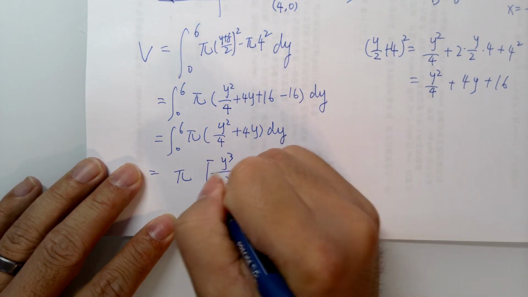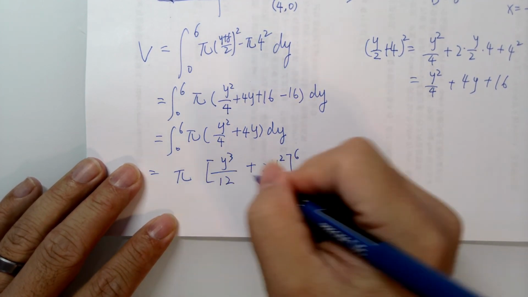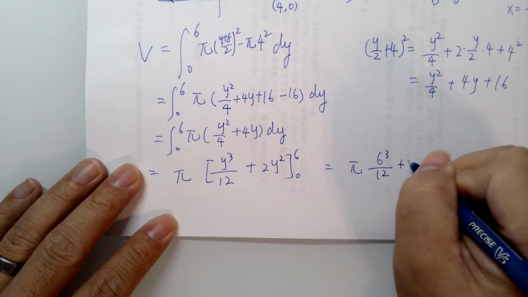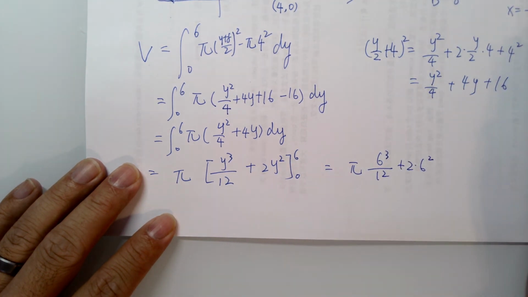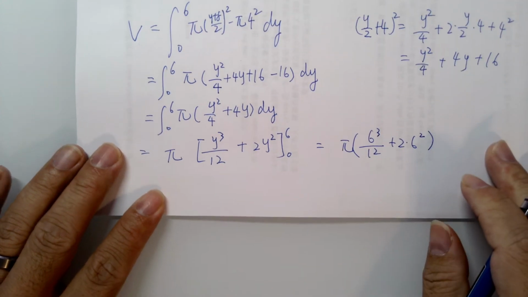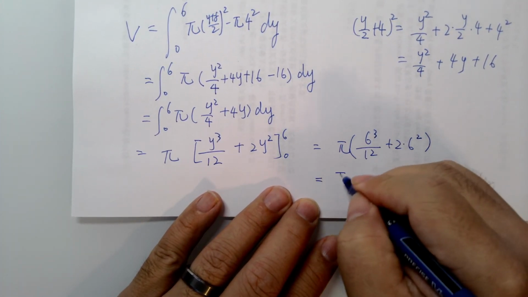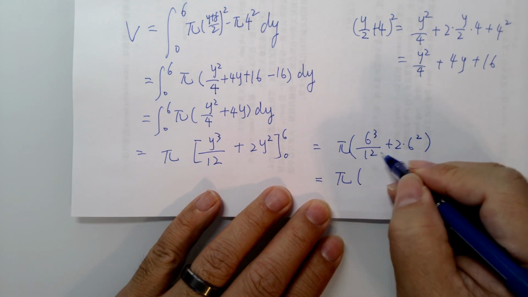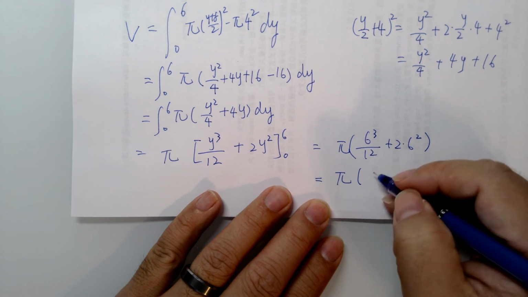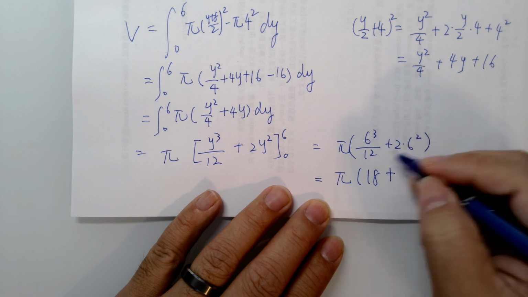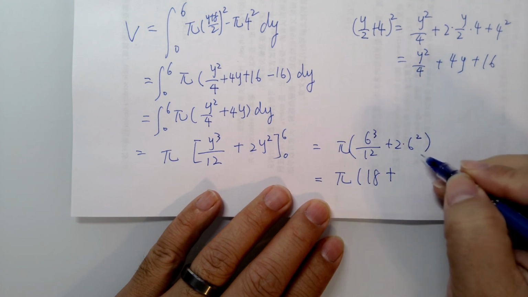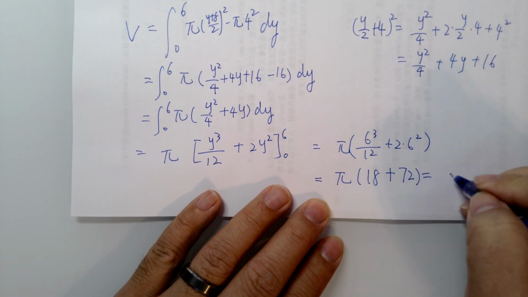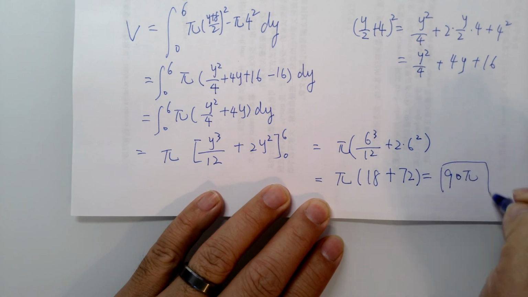Okay, and then from 0 to 6, all you need to do is just apply it: pi times (6 cubed over 12 plus 2 times 6 squared). After you simplify this, it's going to give you 18, and then plus 2 times 36, which is 72. And then this is 90 pi. Okay.